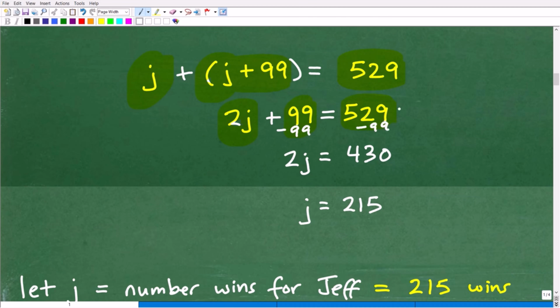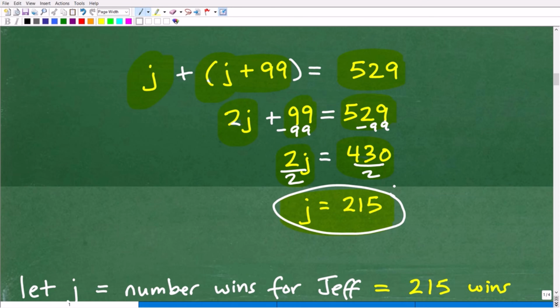I'm not showing all these steps because I'm assuming you know this, but when I subtract 99 from both sides, I'm left with 2J equals 430. And then lastly, to solve for J, I need to divide both sides by 2. So 430 divided by 2 is 215. So J is equal to 215.